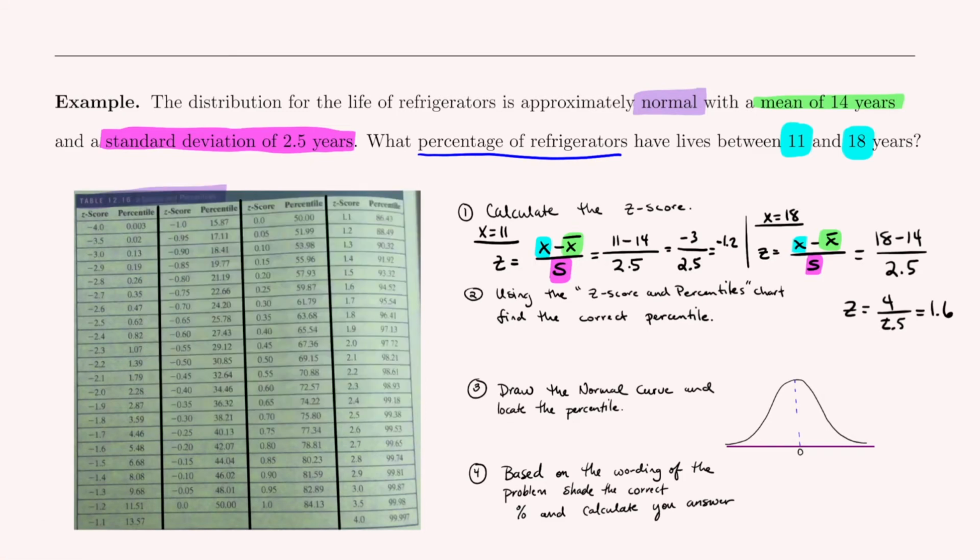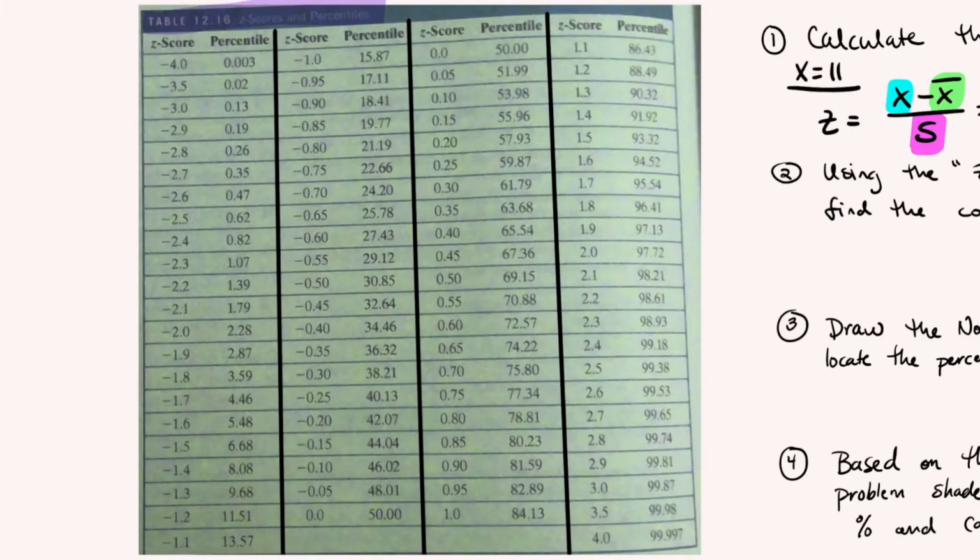Now that we have the 2 z-scores, we need to find these in our percentile chart. Let me zoom in here briefly. Now, our z-scores of note were negative 1.2. We know the negative z-scores are on the left portion of the chart, so negative 1.2 is here. So we see for a z-score of negative 1.2, that's a percentile of 11.51.